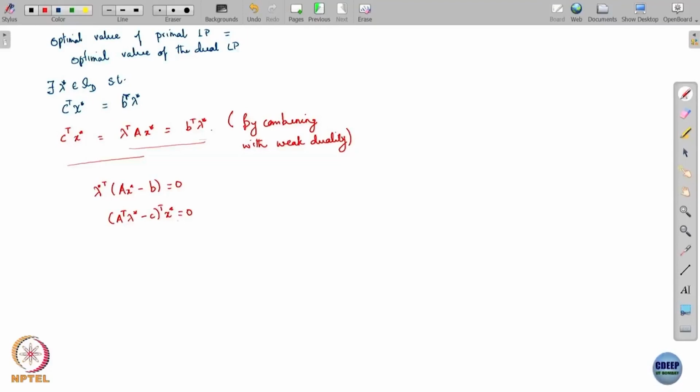Right. And now, since these have to be equal to 0, what does this mean? It has to be that component wise they should be equal to 0. Remember, this quantity is always less than or equal to 0, this quantity is always greater than or equal to 0, sorry, this is greater than or equal to 0, and this is also greater than or equal to 0.